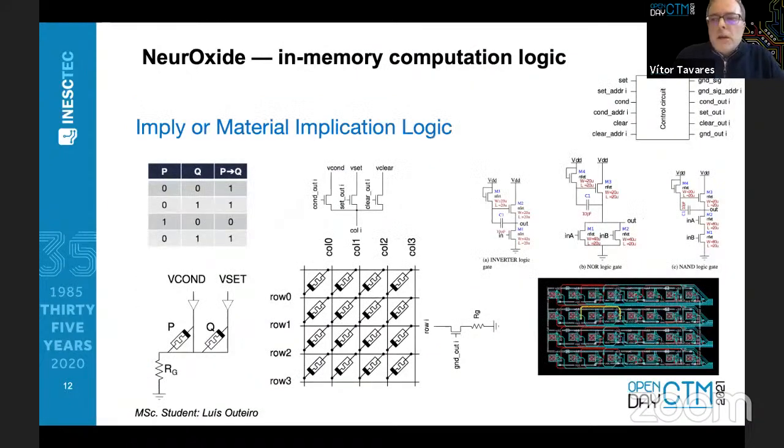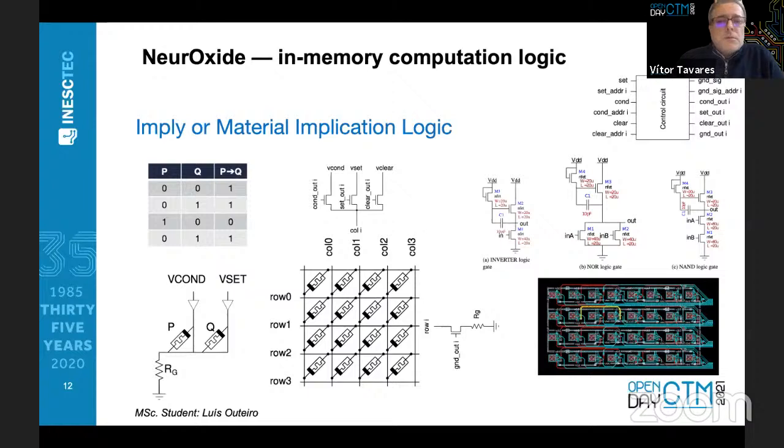Just to conclude, another concept level testing that we want to do in order to demonstrate the concept: we can actually use the memristors as a switching resistor to produce different logics, okay? The IMPLY, or material implication, is one procedure. It's not the only one, but that's the one we are trying.